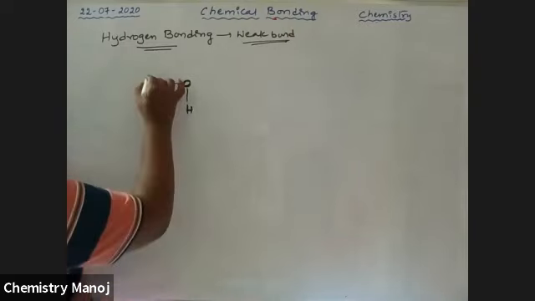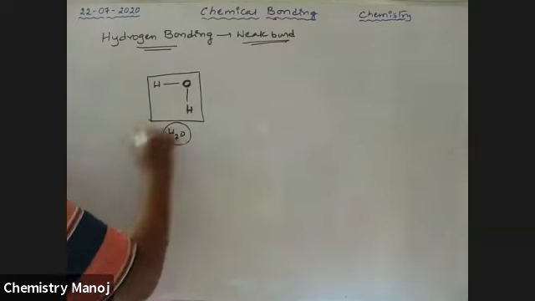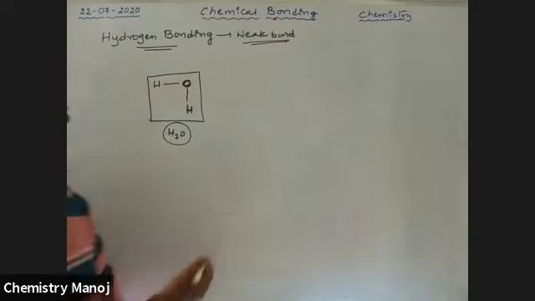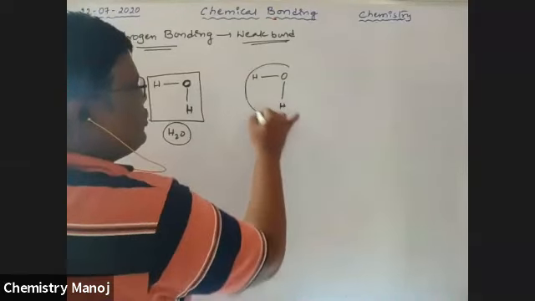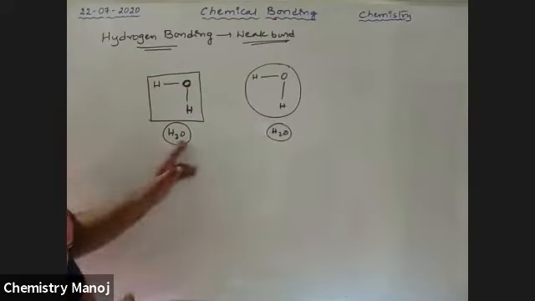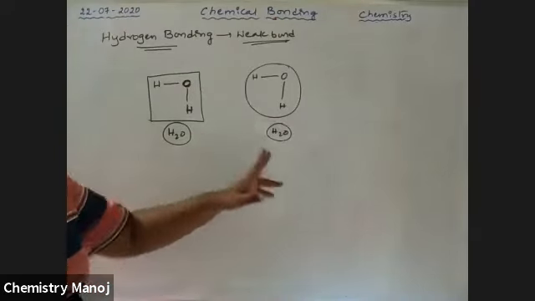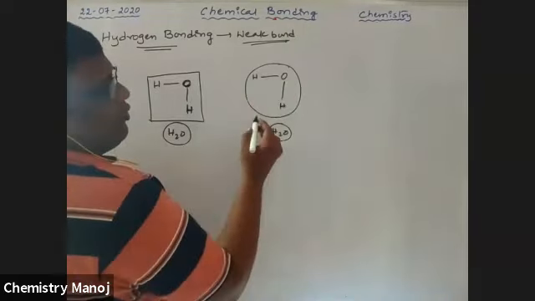This is just a water molecule, H2O. Next, another H2O molecule I am going to take. These are the two water molecules. Here, the hydrogen atom is connected with a highly electronegative element.